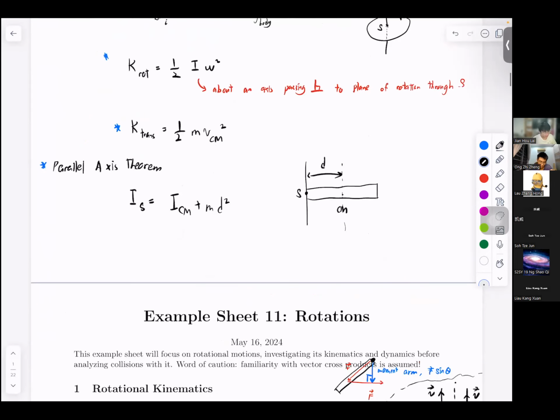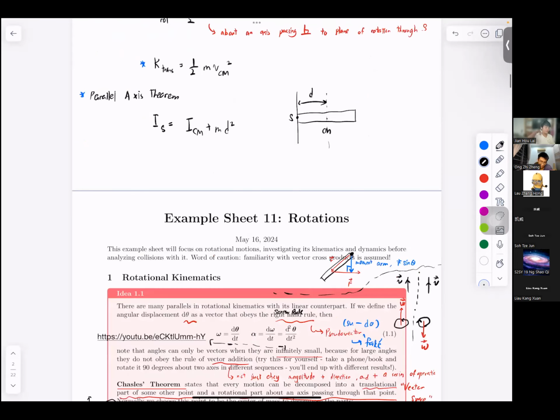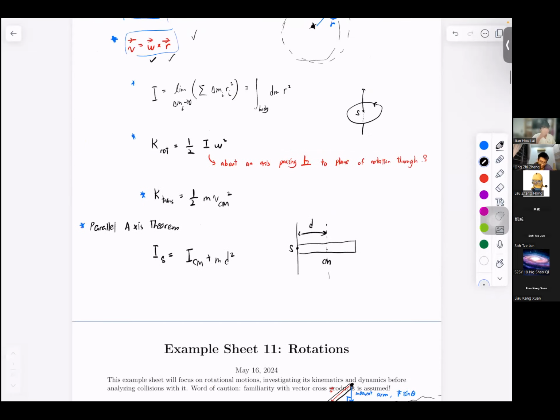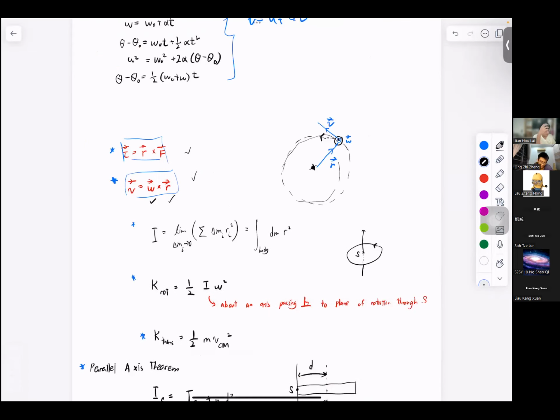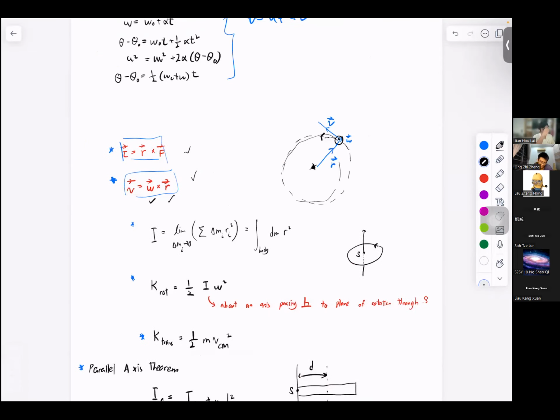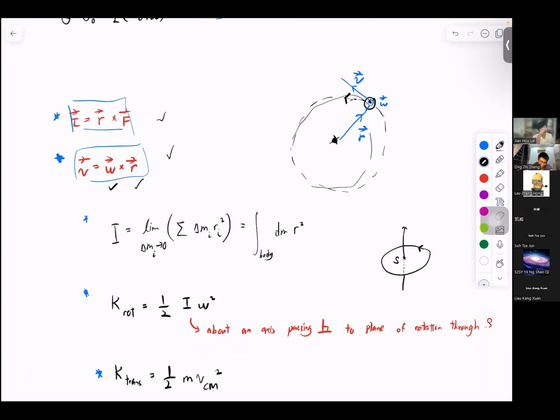Also, these two follow the right-hand rule. Let's say you want to find the direction of tau and the direction of the tangential velocity, and you have the directions of r and F, and also omega and r. You can use your right-hand grip rule or screw rule to find the direction of tau and v.